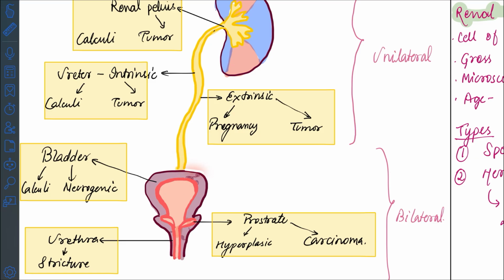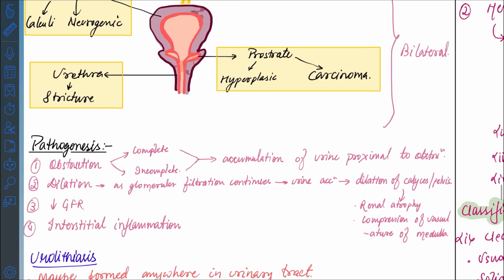Are you getting this? Because there is one bladder only and there are two ureters arising from it. I have only shown one, but obviously there is one more ureter here. If there is obstruction here, then the effect will be seen in both kidneys, making it a bilateral cause.